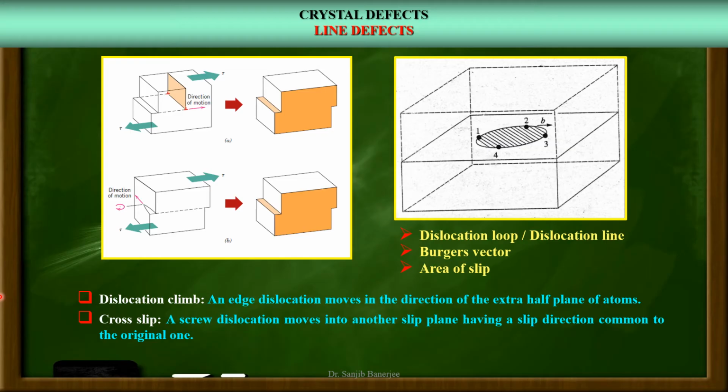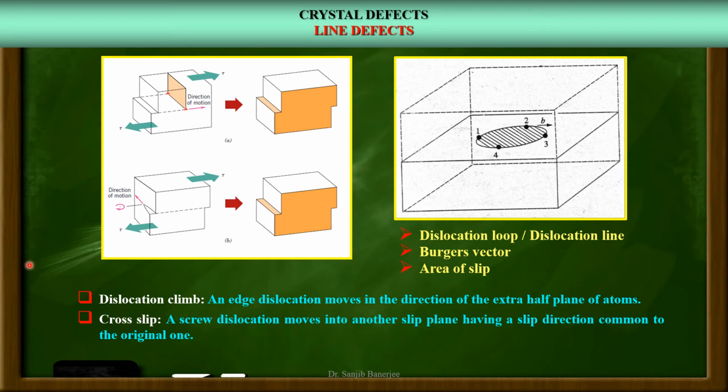Here in this figure, we can see once again the edge and the screw dislocation. As studied in the earlier section, in case of edge dislocation, the slip direction is perpendicular to the dislocation or the extra half plane, while in case of screw dislocation, the slip direction is parallel to the dislocation.